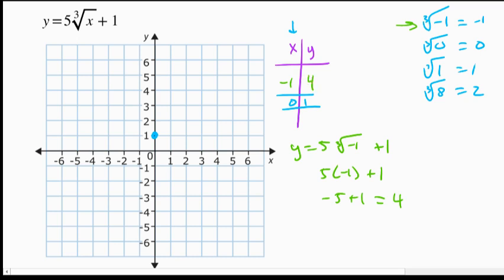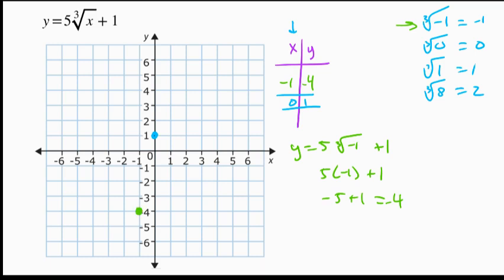That doesn't look right. Hold on a second. 5, -4. Ha ha. My fault, simple math mistakes. Okay, so when I plug in -1, I get -4. That's this point right here.